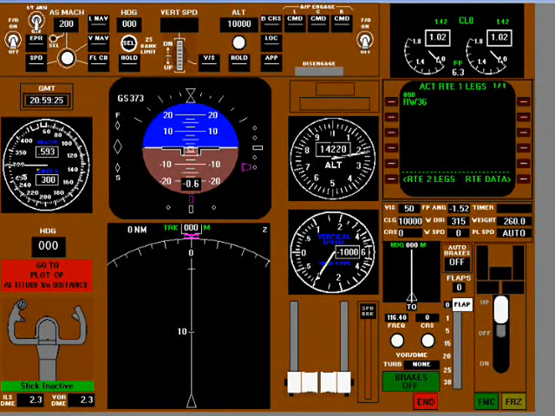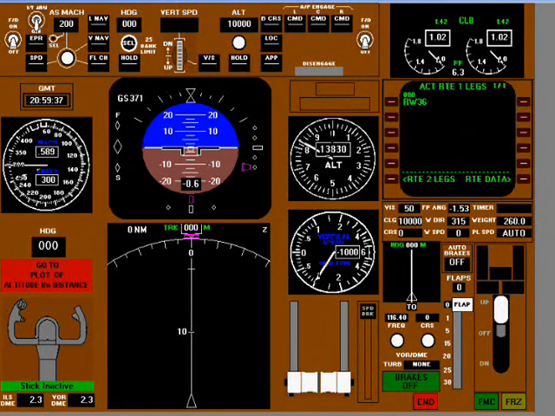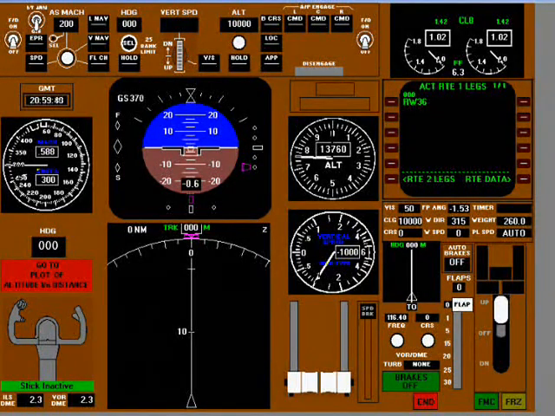The next transition will be similar. We will level off at 13,000 feet, maintaining 300 knots. And since this is a constant airspeed transition, we will coordinate pitch changes with power changes using an appropriate altitude lead.